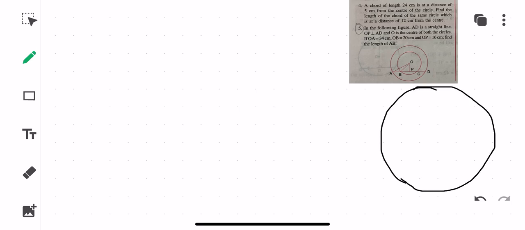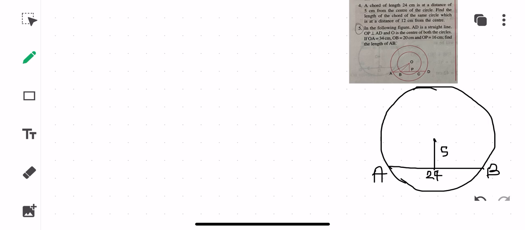So a chord of length 24 centimeters. Here we are talking about 2 chords, children. Suppose this is my chord at a distance 5. This is my chord AB, whose length is 24 centimeter, and the distance from the center has been given as 5 centimeter.